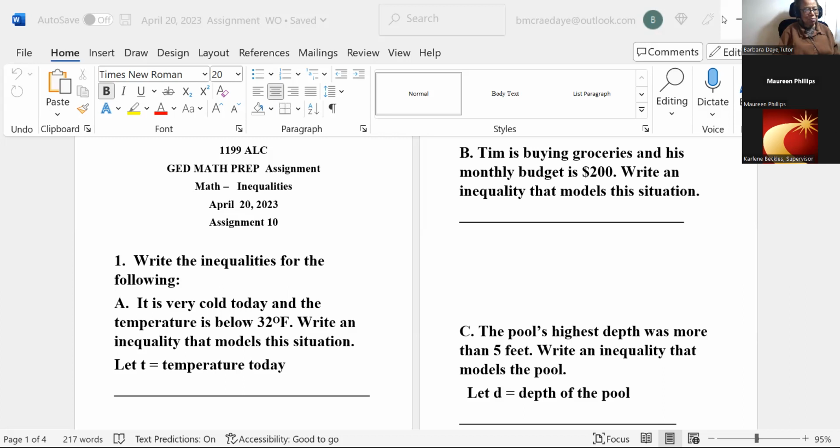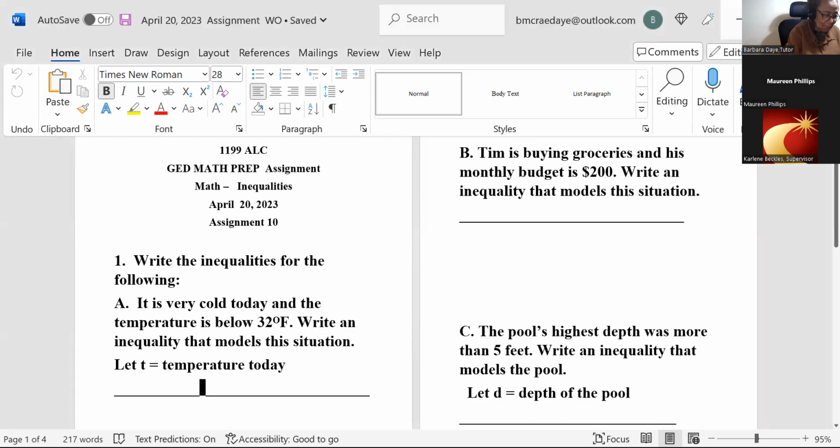I wrote T. Okay, so you wrote T. Let's just put here T, what? What's the inequality symbol? I wrote greater than or equal. What is below? Below is under. That's right. So below is a less than, right?